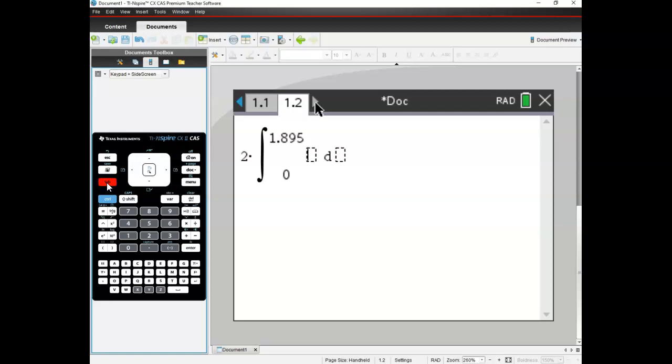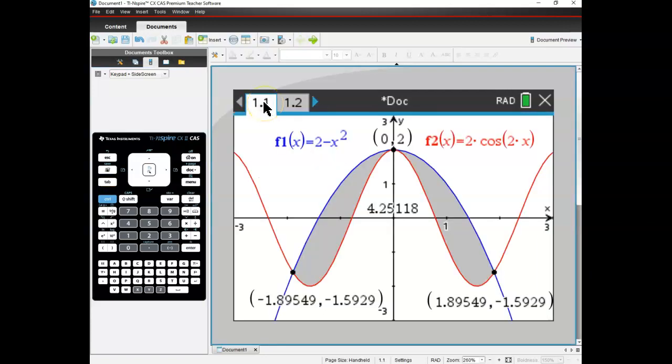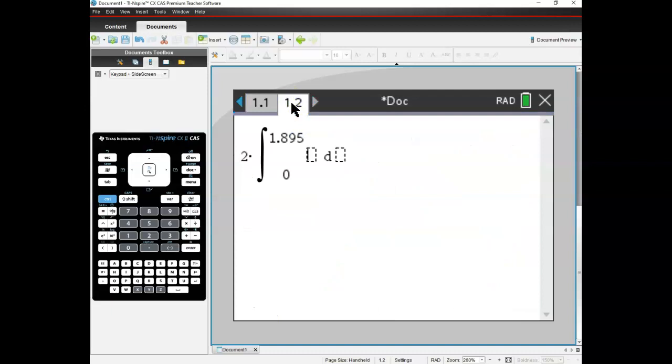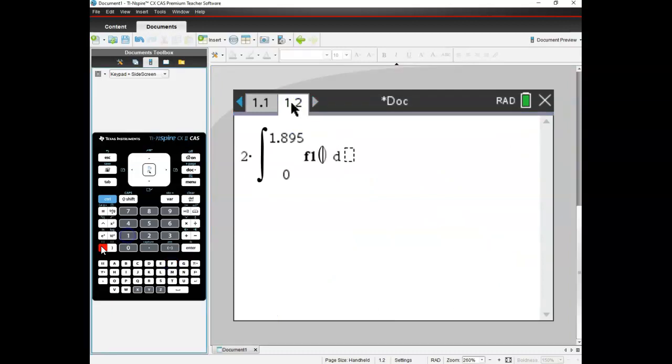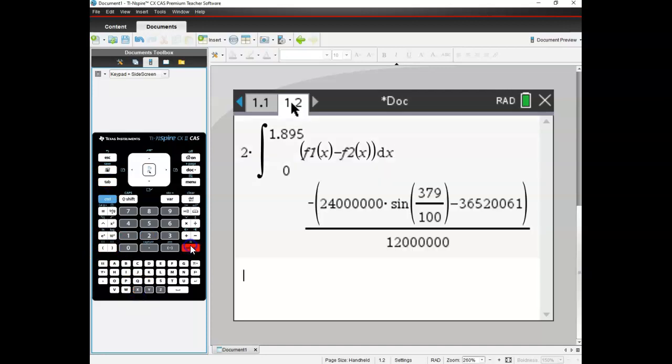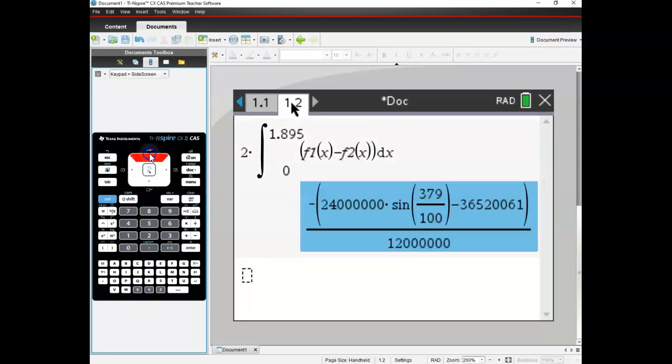The way I entered these into my calculator, my upper function is f1 of x, my lower is f2 of x. So if I used my function form and said f1 of x minus f2 of x, tab, dx, and when I hit enter, oh, I didn't do that.